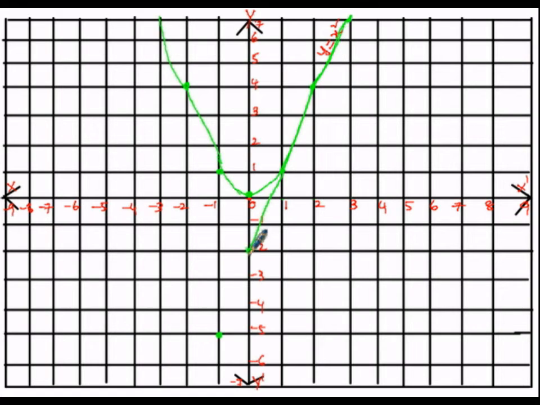This straight line is prolonged on either side. The equation of the straight line is y equals 3x minus 2.